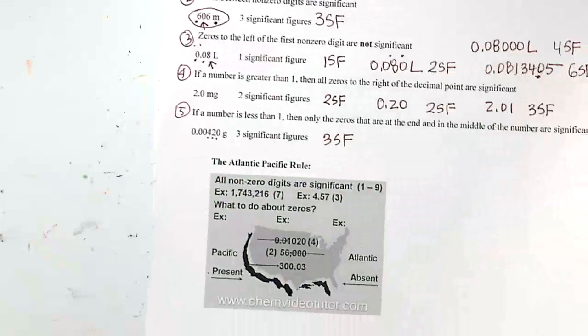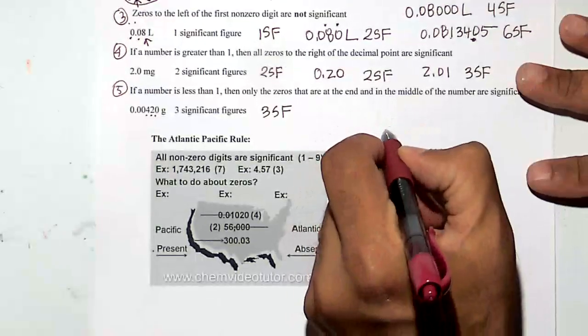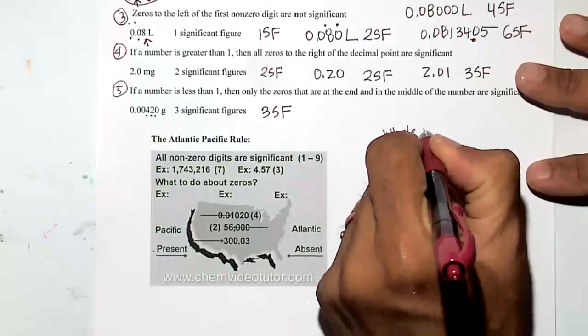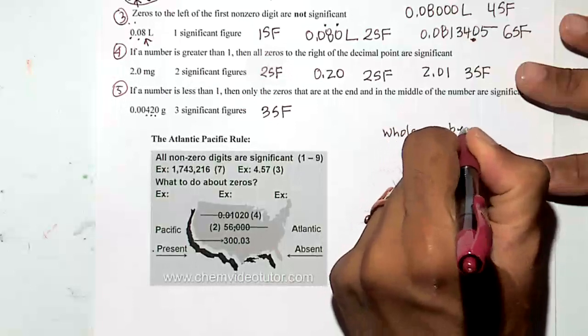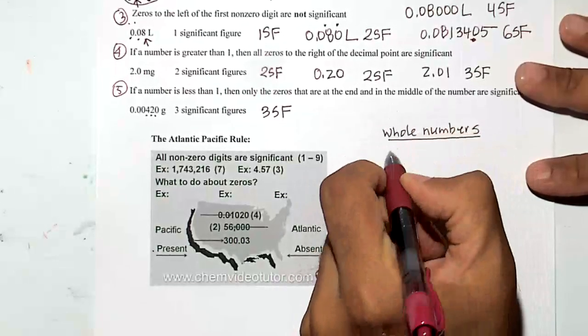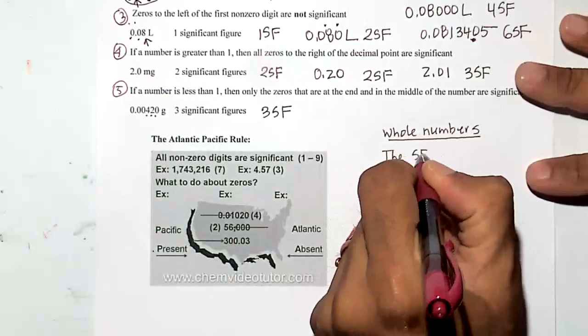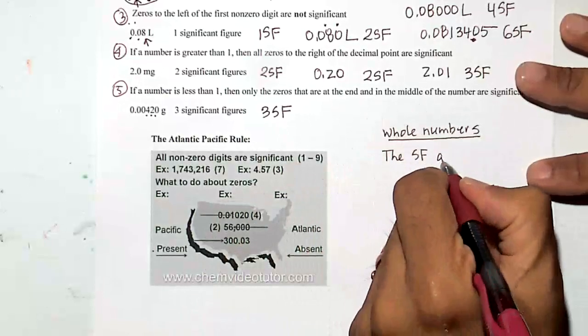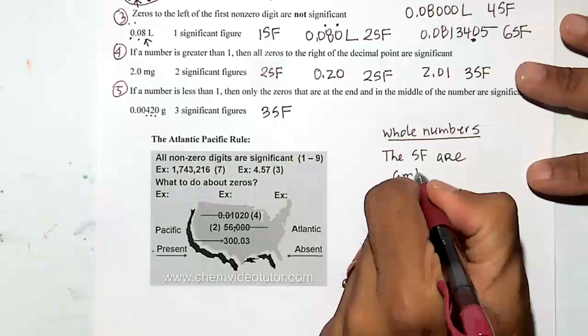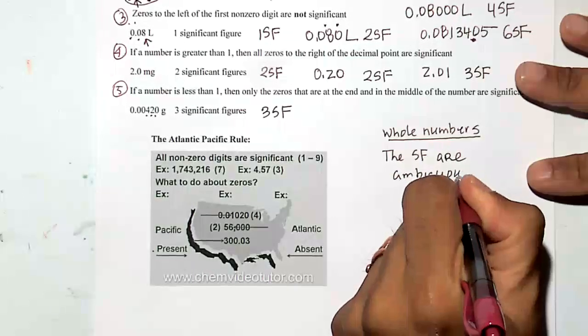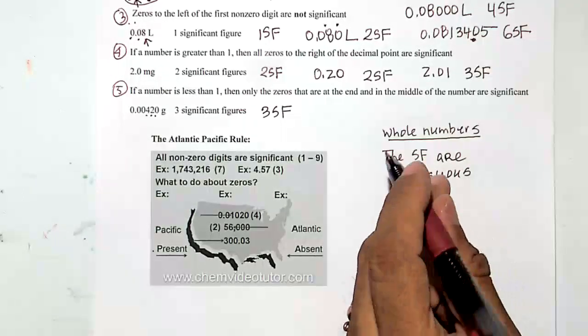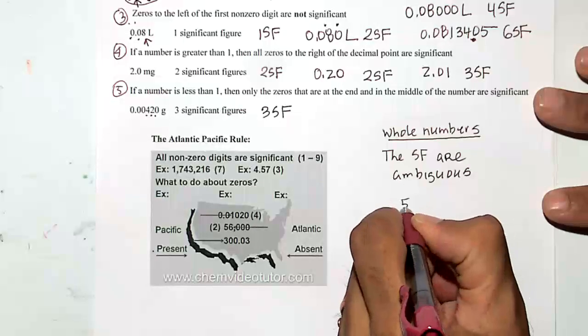All right, let us do some of these. One thing here for whole numbers: the significant figures are ambiguous. So I will not give you whole numbers on the exam.